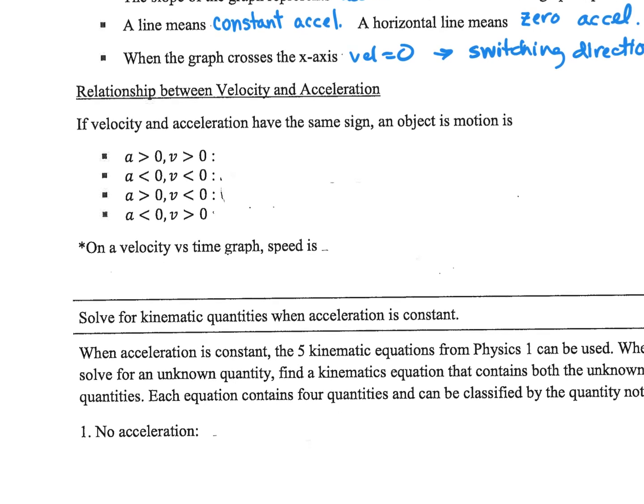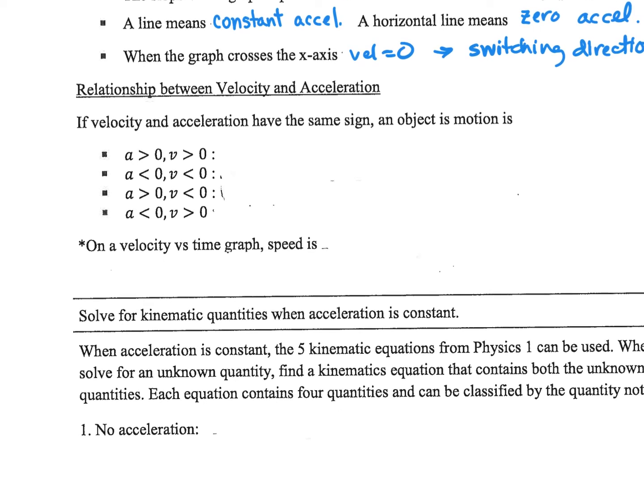Now, here's a big thing. If velocity and acceleration have the same sign, the object's motion is what? Speeding up. Think about it. The acceleration is the push, isn't it? So if you're going to the right and I'm pushing you to the right, you are speeding up. Acceleration positive, velocity positive, so this is speeding up in the positive direction.